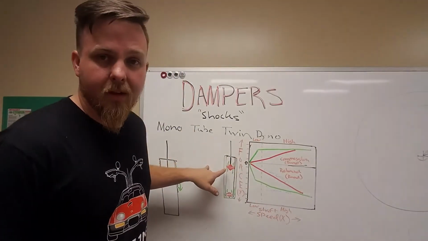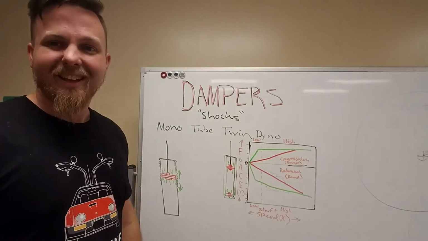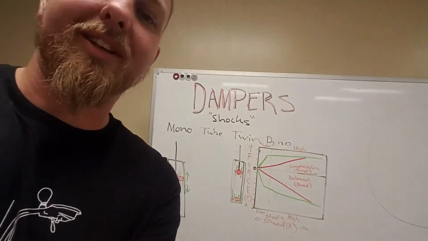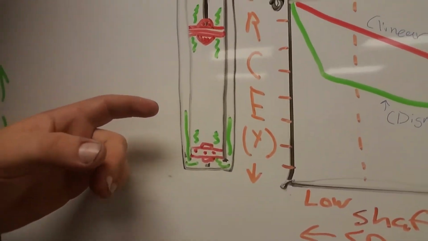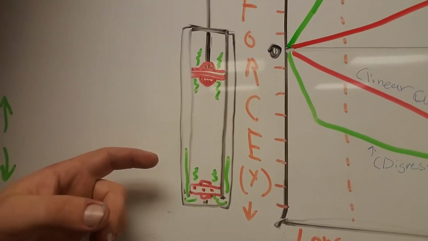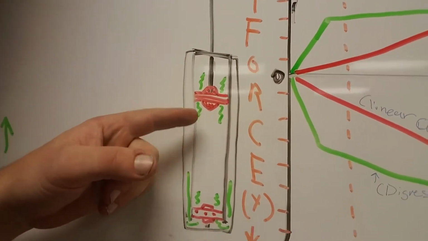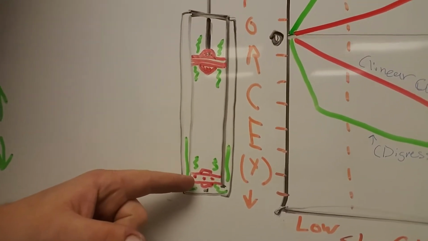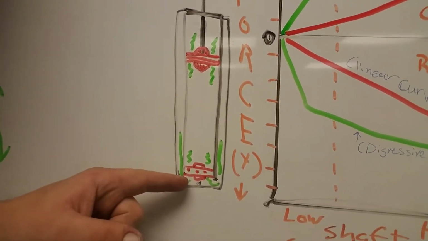Twin tube, that's a little hard. I didn't draw this big enough. Okay, I'll just grab the camera then. Okay, a twin tube is exactly that. It's got two tubes. You have your shock shaft, you have your piston, and then you also have another piston style valve at the bottom, which we call a foot valve.